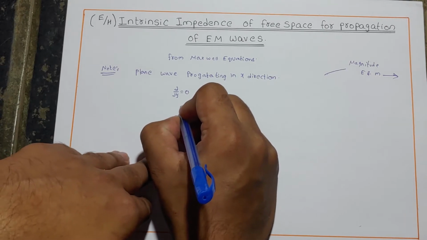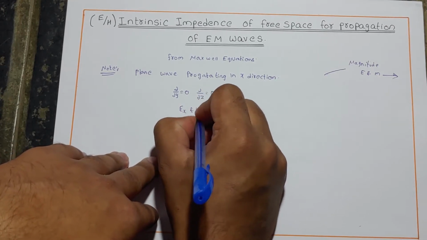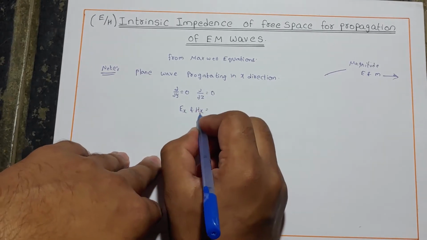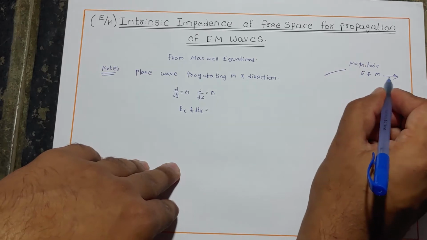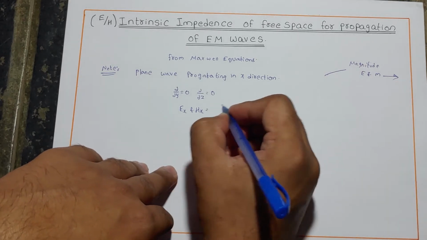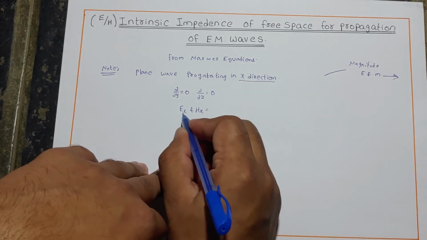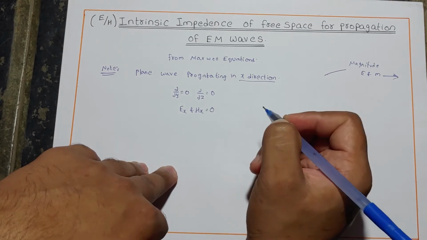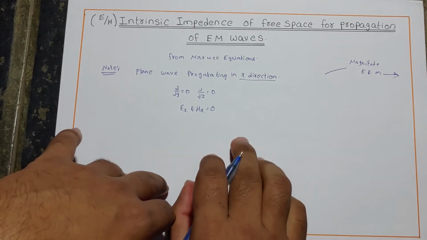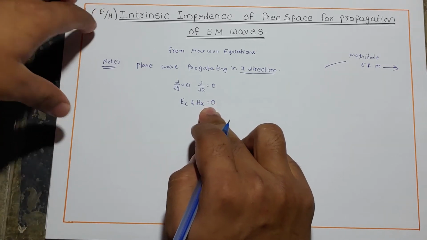And Ex and Hx, that is electric field intensity and magnetic field intensity in the direction of propagation, would be equal to 0, as we have considered it is propagating in the x direction. Electric field and magnetic field in the x direction would be equal to 0. These are the basic and fundamental assumptions that we must consider.